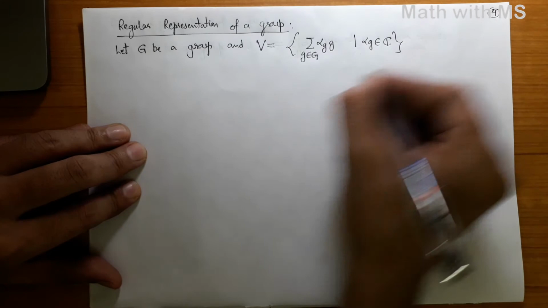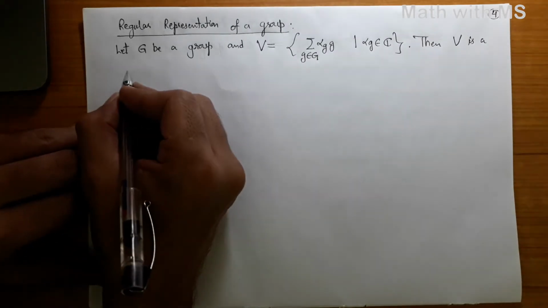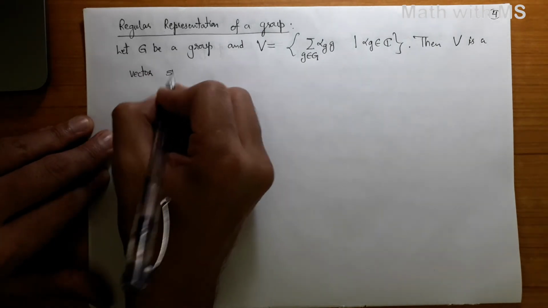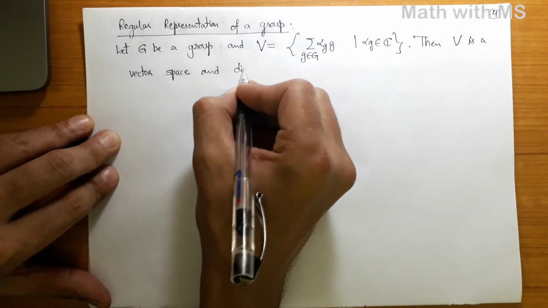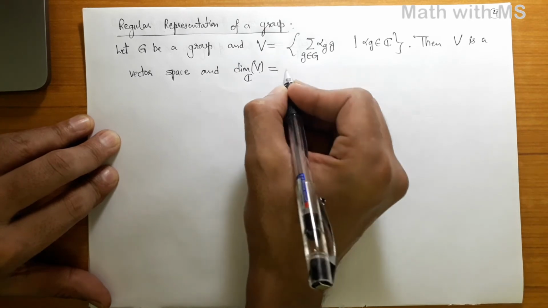Then V is a vector space over C, and in fact the dimension of this vector space over the complex numbers is precisely the order of the group G.